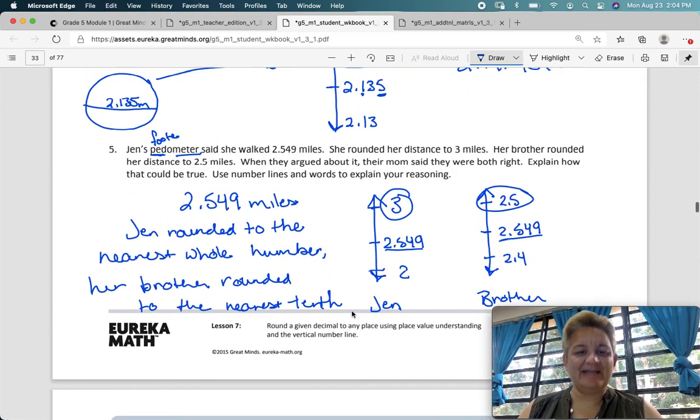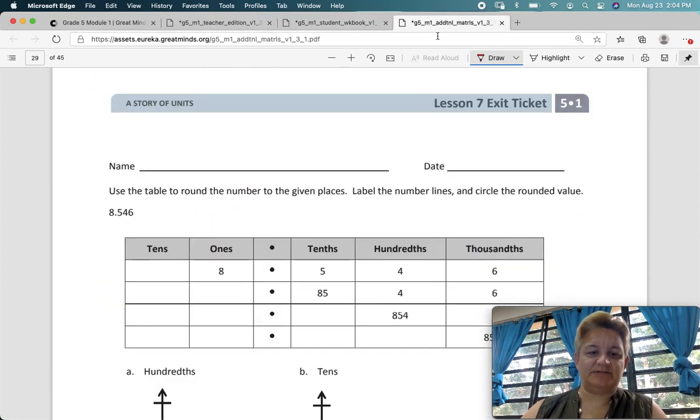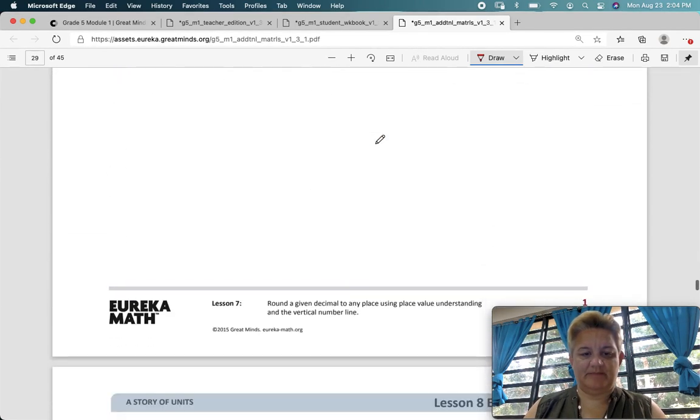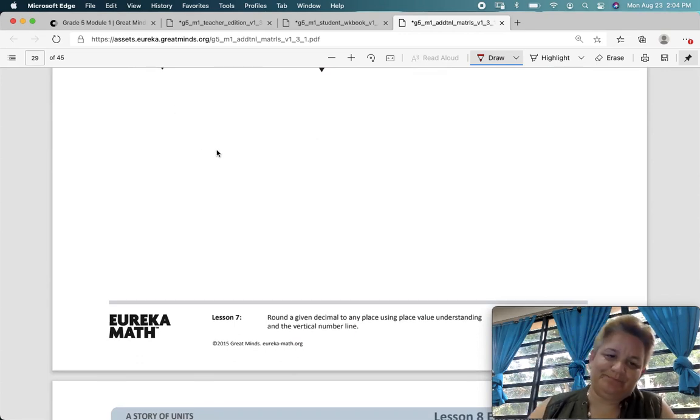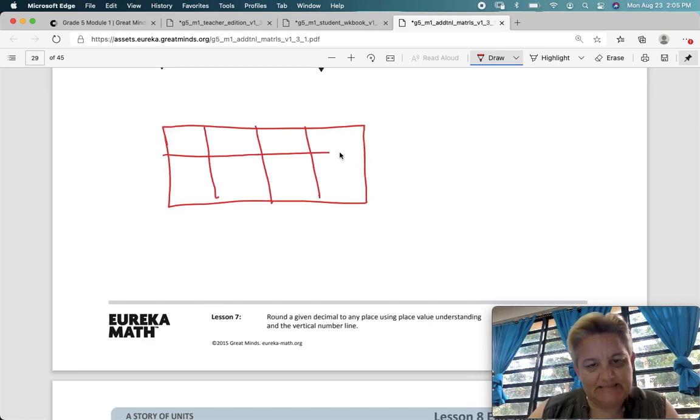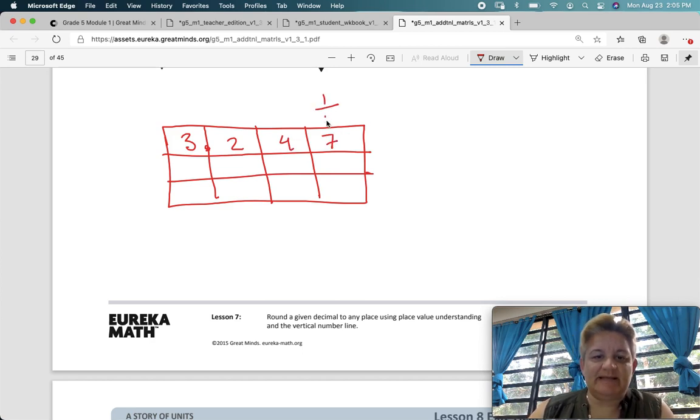Well, that is rounding. I do think that I want to just talk to you a little bit more about rounding. I'm going to find a space here. Okay. So, when we're rounding, and I have a number like, let's say, 3 and 247, right? This is the thousandths place. This is the hundredths place. This is the tenths place. And this is the whole number spot, right? The ones.